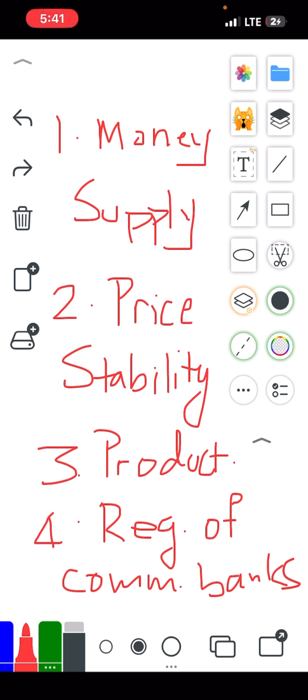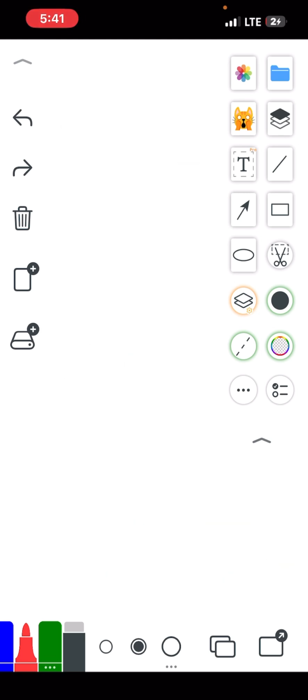Now, apart from regulation of commercial banks, they also help stabilize the macroeconomy. All right, and they do so via monetary policies and by acting as a lender of last resort.